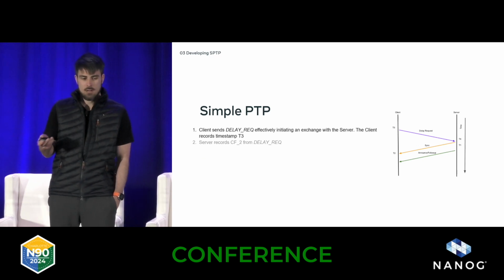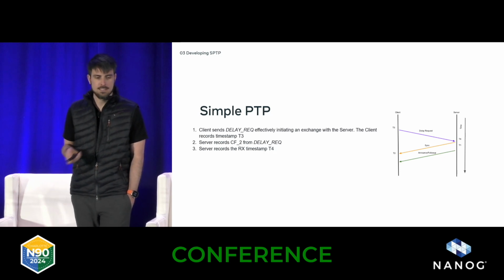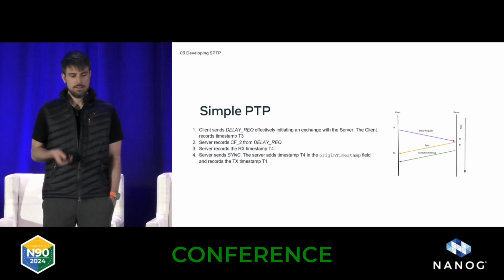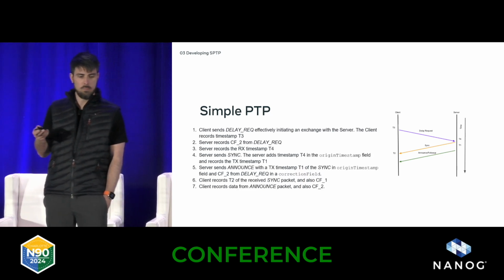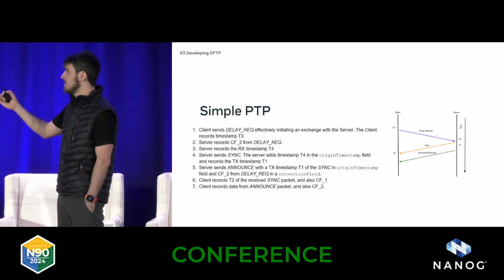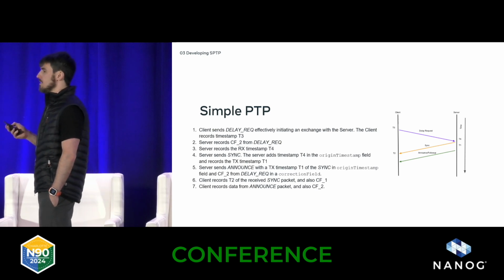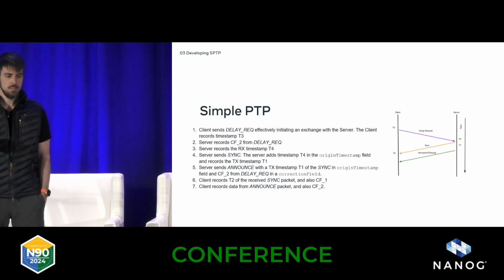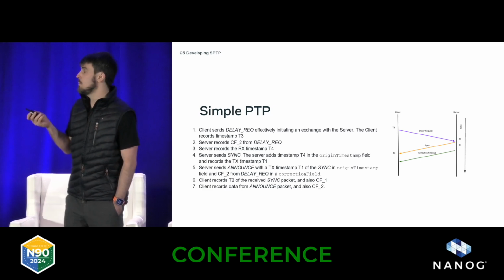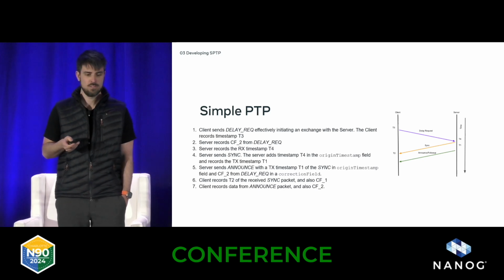If we break it down, it's basically a client sending the packet, recording the timestamps and correction field, and then we populate all of those. This is the entire exchange. Using this, you can implement the SPTP exchange yourself. For PTP with 11 exchange steps, it would be a couple of slides worth of text.